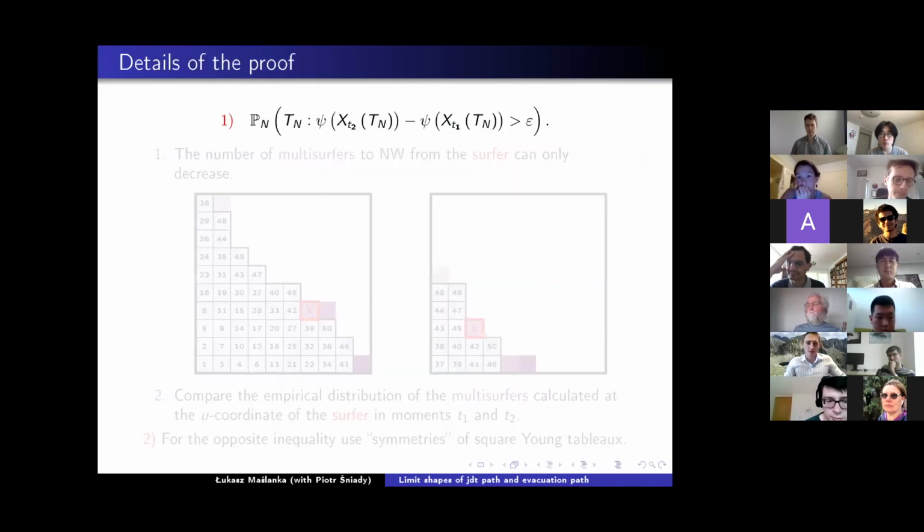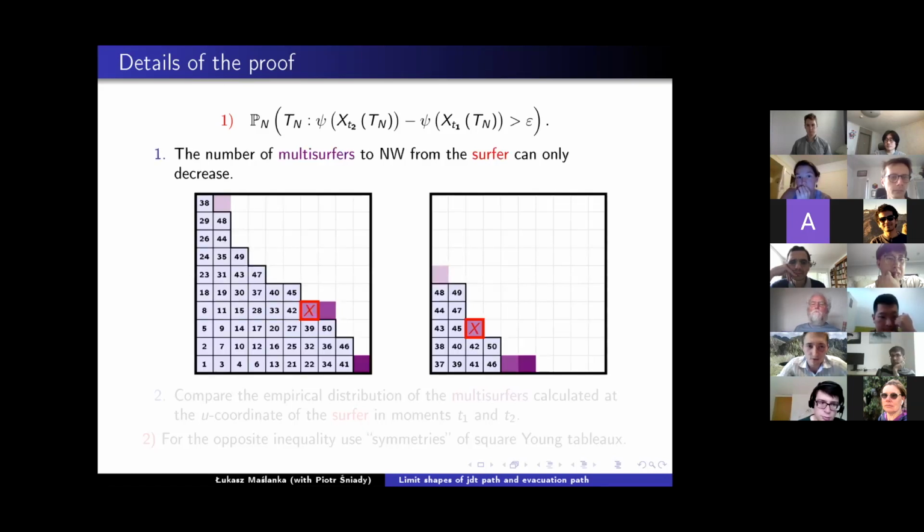And now we first show the one-sided inequality, so that the longitude after time cannot change too much.